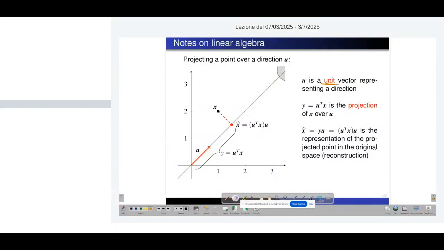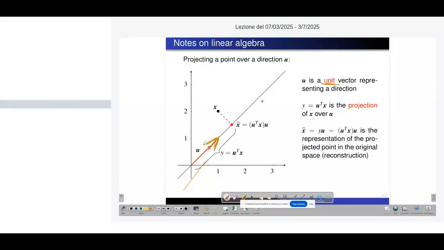Now, I said direction. To be more precise, the direction is the line over which u lies, and then the side towards where u points is actually called the orientation.